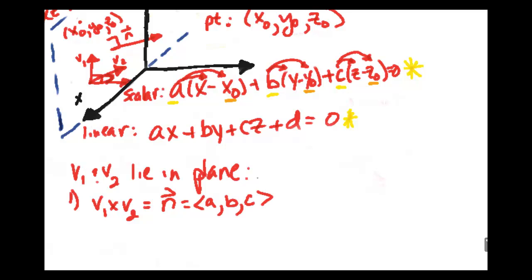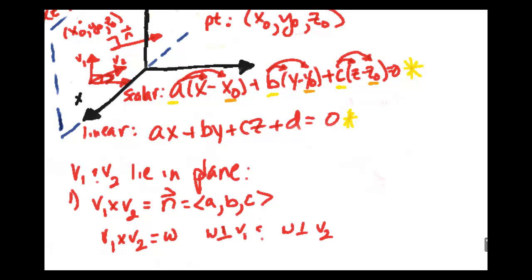Because both of those vectors lie in the plane, when you cross them, the definition of cross product tells you that V1 cross V2 is by definition a vector perpendicular to V1, and it's perpendicular to V2.